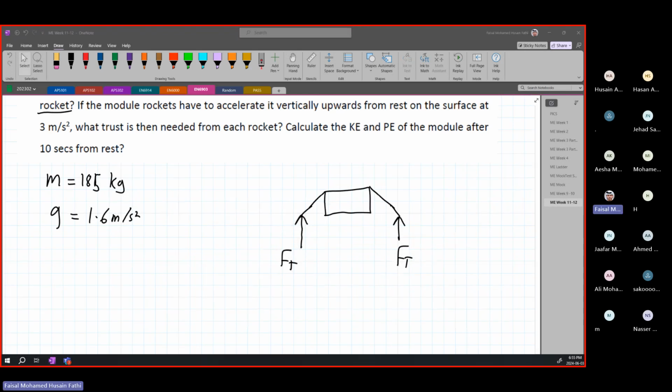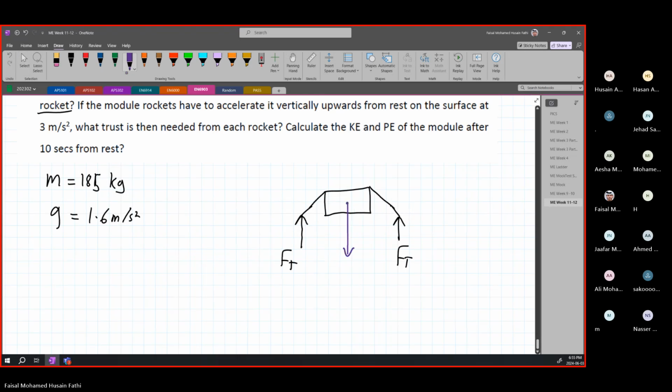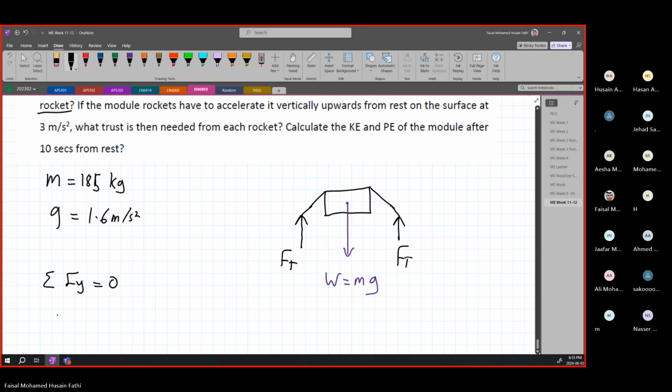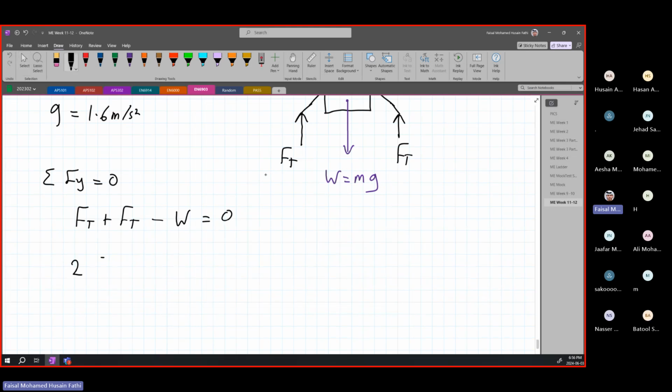And what do we always have? We have weight, W equals mg. So what is our thrust force? Sigma Fy equals 0. Let me do it step by step so you don't get confused. Ft plus Ft, the thrust force for both, minus W is equal to 0. In other words, 2 Ft is equal to mg.